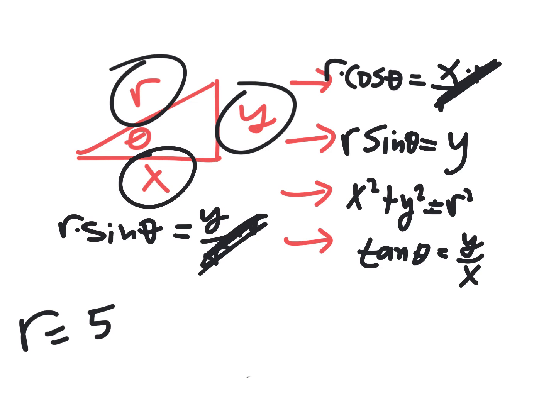Who had all 4 of those right? Awesome. Then how are you supposed to convert r equals 5 here into rectangular? Well, there's 2 types of questions I want you to consider. This kind and this kind. I'm going to make the other one blue here.